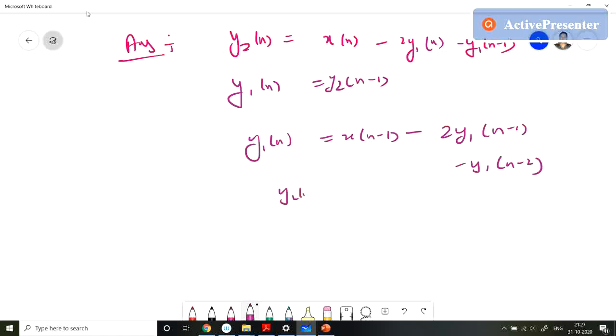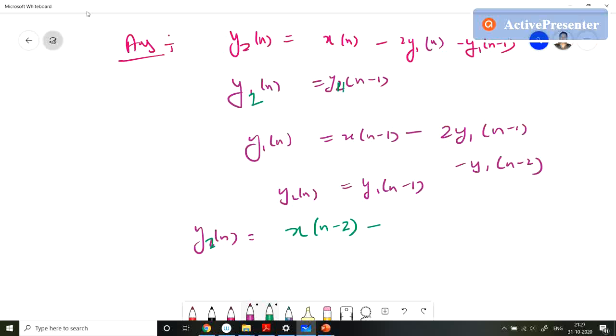Now since y2(n) is y1(n minus 1), so we get y2(n) is equal to x(n minus 2) minus 2y1(n minus 3) minus y1(n minus 2).